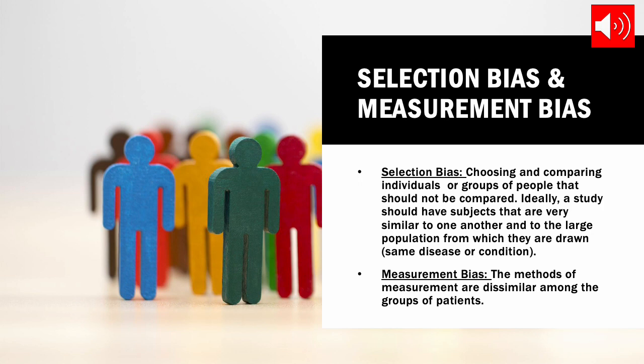For example, if you draw very specific types of people, with very specific characteristics, or very rare medical history or diseases, and then you try to apply those results to the same population from which you drew, you have a selection bias there because they don't truly compare.